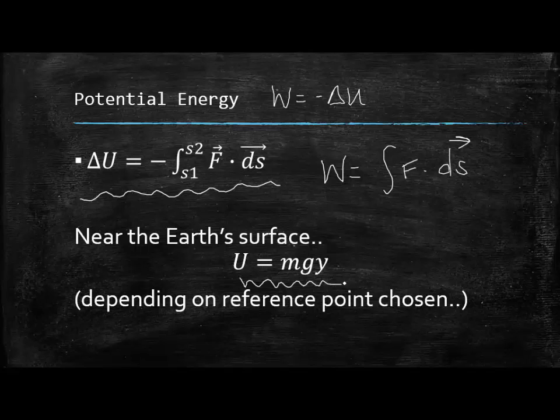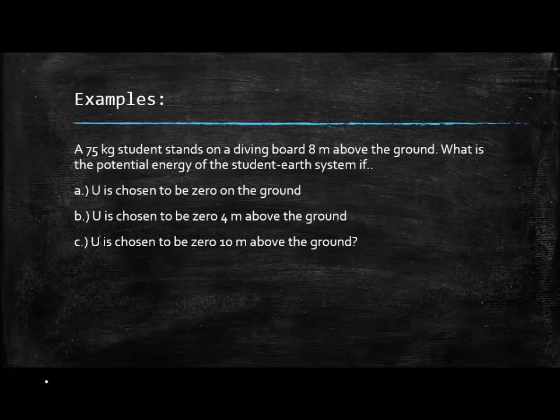Again, going back to gravitational potential energy, for objects near the Earth's surface their potential energy is determined by this expression, which you already know. The only important thing to remember is that this depends on the reference point that you choose. So let's have an example of what that means.